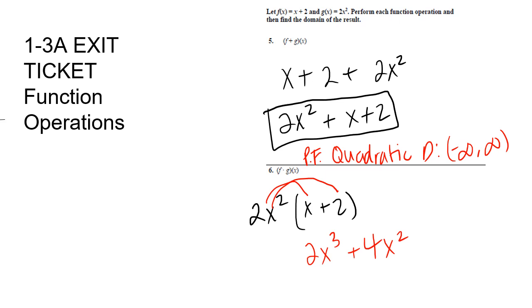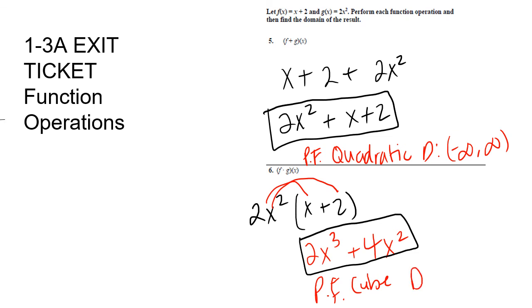There's no like terms, so I am done. Okay, my parent function is the cube function. And the cube function, the domain is all real numbers, negative infinity to positive infinity.